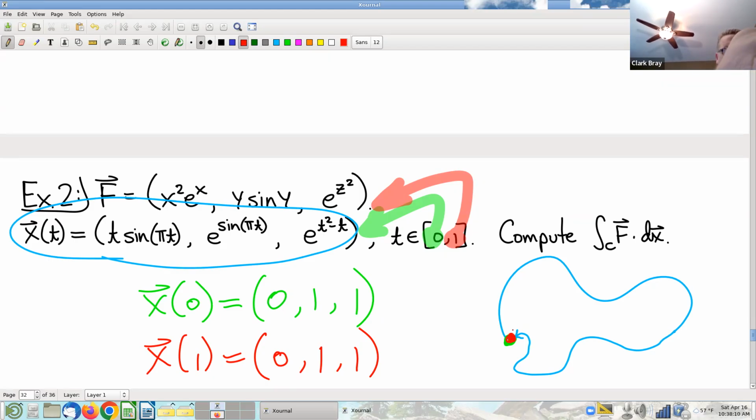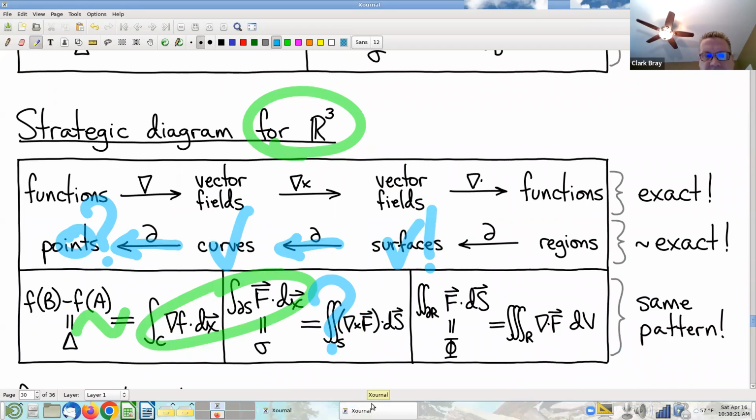And so there is an anti-boundary. There is going to be some sort of a surface in there whose boundary is this curve. So yes, there is an anti-boundary surface, and so yes, you can use Stokes's theorem.